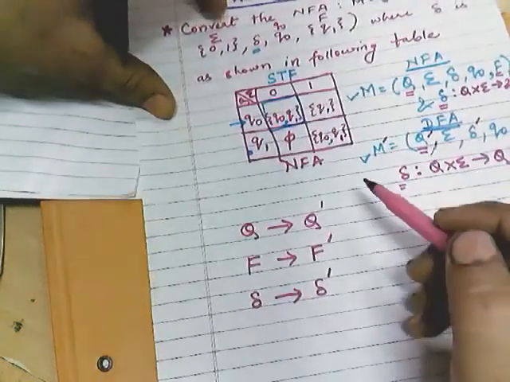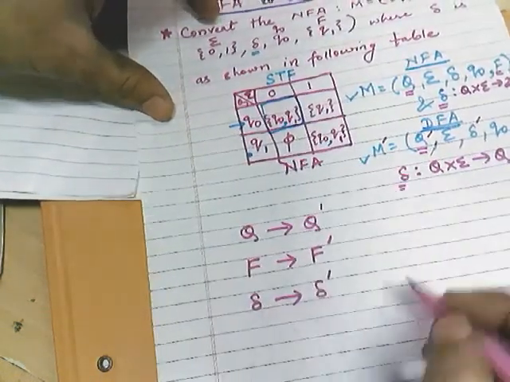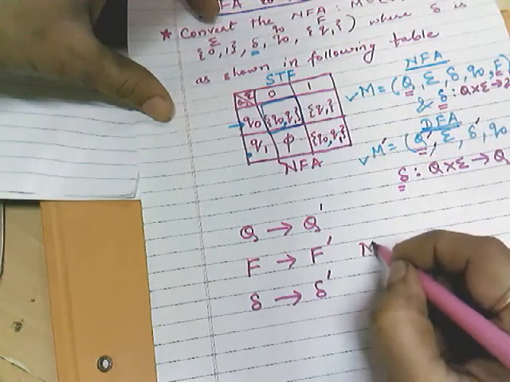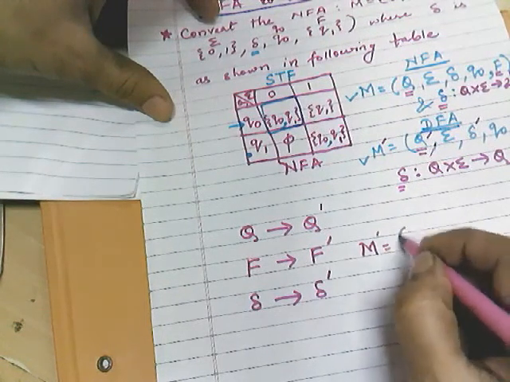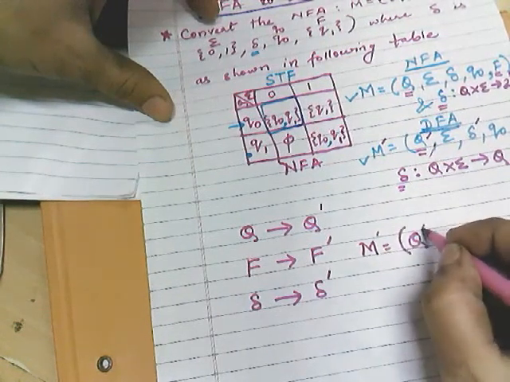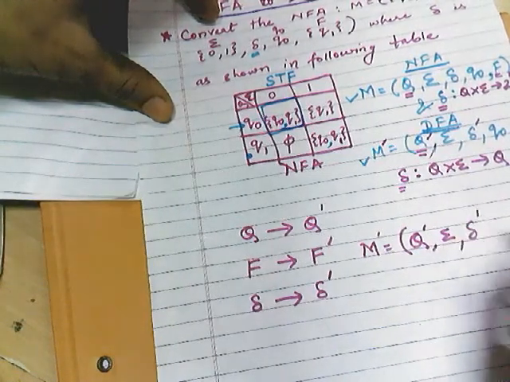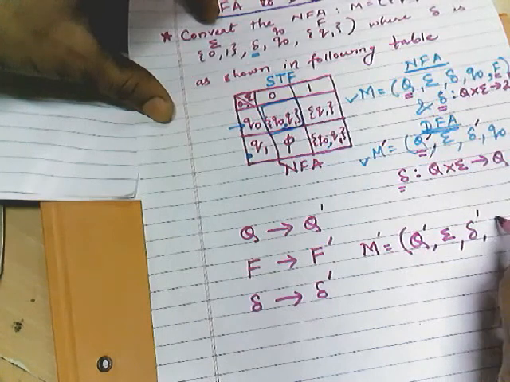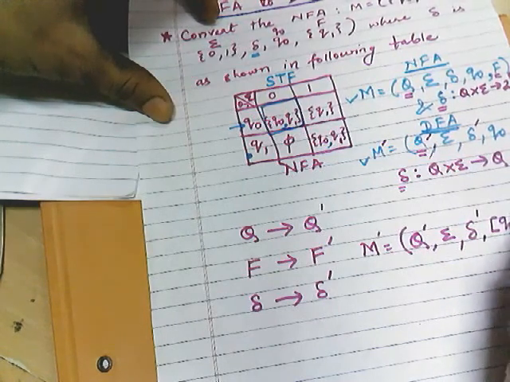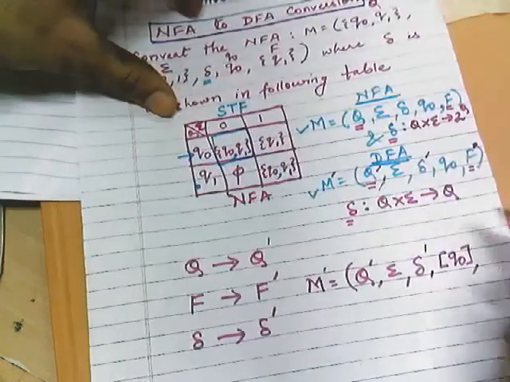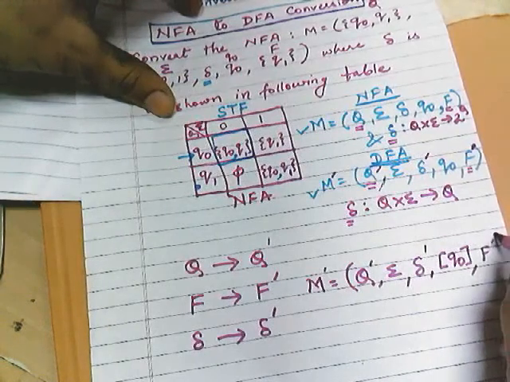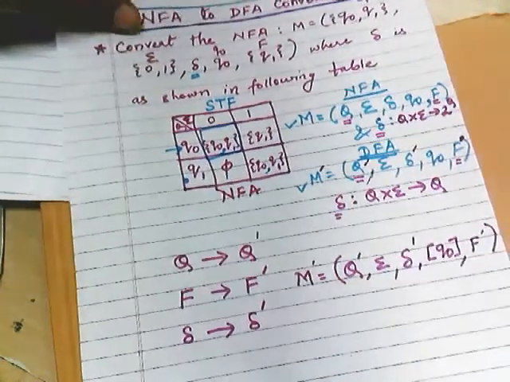So what we need to do is find out this particular machine: Q', sigma, delta', Q0 and F'.